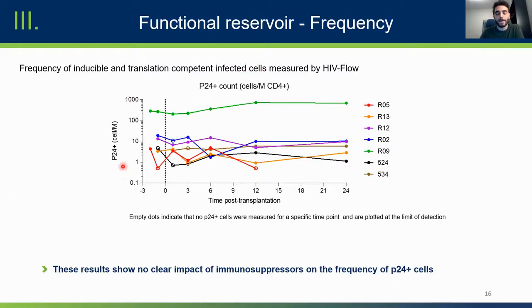So what these measures have shown is no clear impact of immunosuppressors on the frequency of P24 cells. Something to keep in mind, because these were the last experiment we were able to do on the cells of these donors, and the cells available were pretty limited, which explains why for some of the time points we couldn't detect any P24.